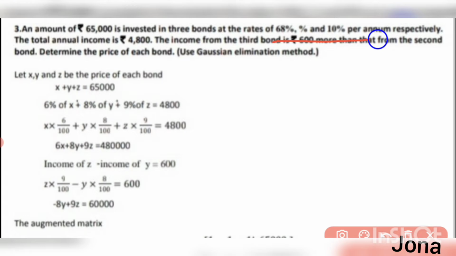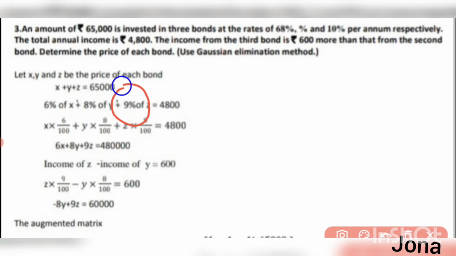And these percentages, that is 6% of x, 8% of y and 9% of z, is the income. They got the income 4,800. So we can have the equation like this. For the 6% of x we can write x into 6 by 100. 8% of y is y into 8 by 100.